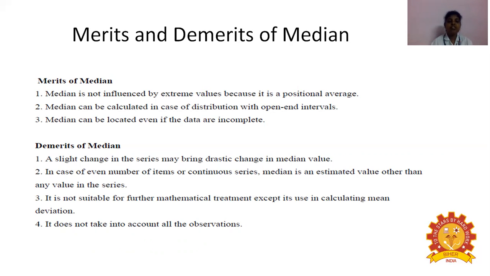Next, demerits of median. A slight change in the series may bring a drastic change in the median value. In case of an even number of items or continuous series, median is an estimated value other than any value in the series.